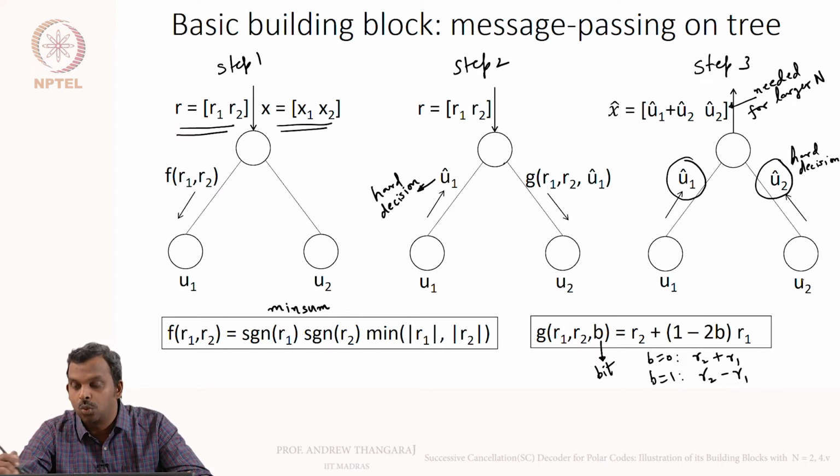You can be happy with u1 hat and u2 hat and you're done, but you need this x hat when you use this as a building block for larger block length. So this is the n equals 2 building block. Hopefully this was clear. The next step is how you use this as a building block for n equals 4, which we'll go to in the next slide.